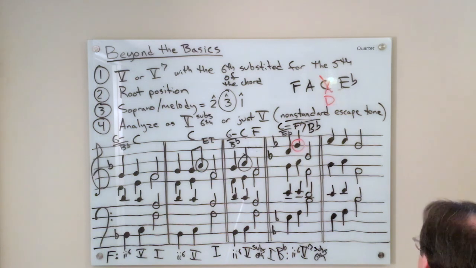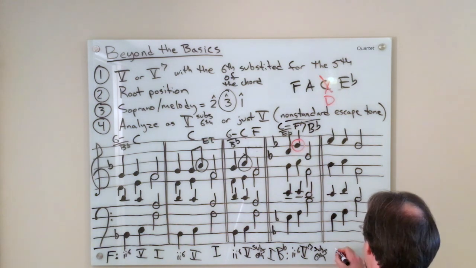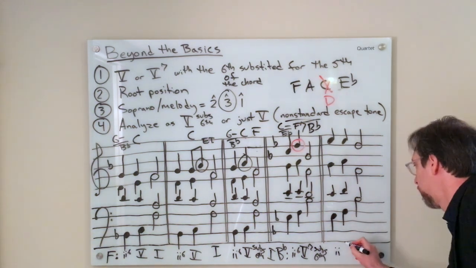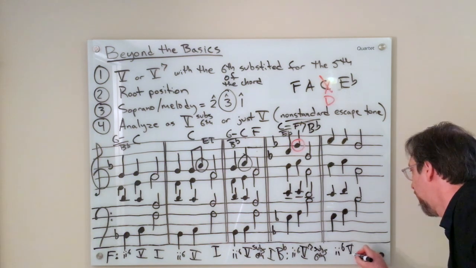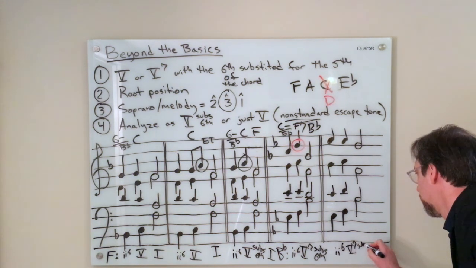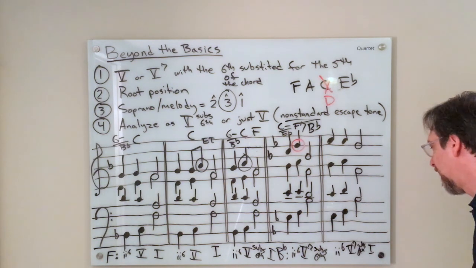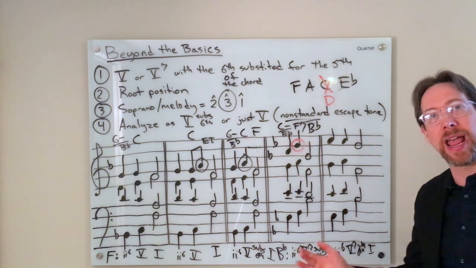If you were to analyze it otherwise, it would be the exact same thing as what we just did: 2/6, 5/7, subs 6, 2/1. But it does not sound anywhere near as good.